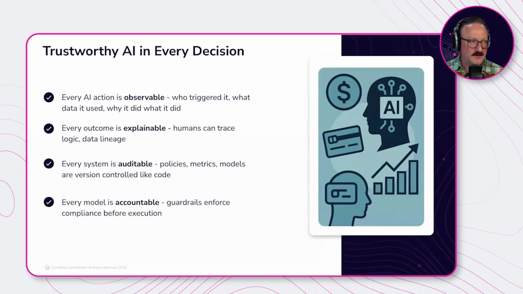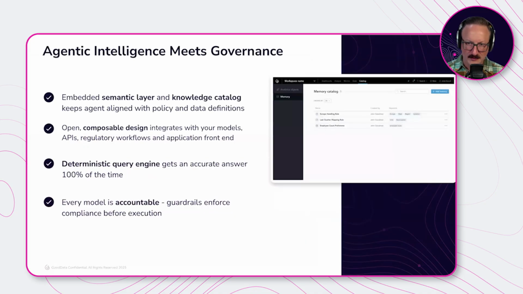So how we do that is, if we want to get technical for a second here, we have this embedded semantic layer and knowledge catalog, and you can kind of see a picture here. You see on the screen what we call our memory catalog. I think that will feature in the demo at some point, Peter. Correct me if I'm wrong. But the ability for you to give the AI access to all the knowledge, to give it memories, to give it instructions.